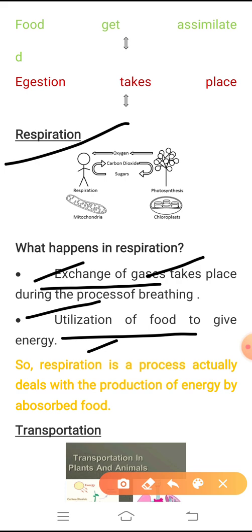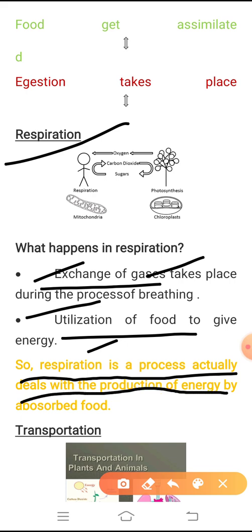So what is meant by respiration now? Respiration is a process that deals with the production of energy from absorbed food. This is the definition I can give for respiration.